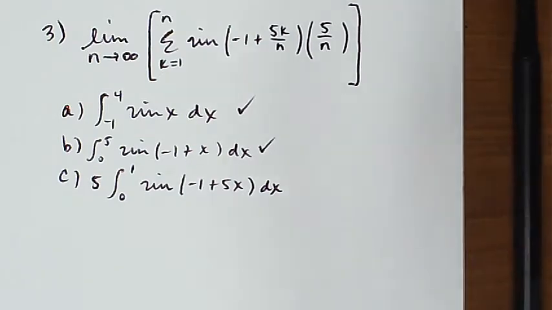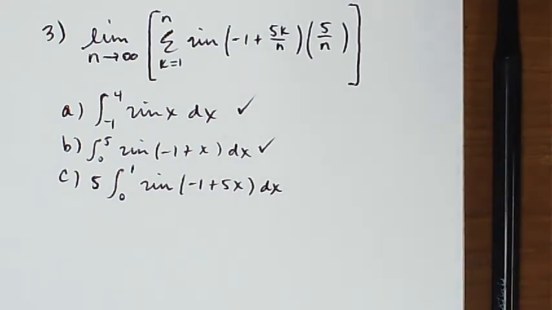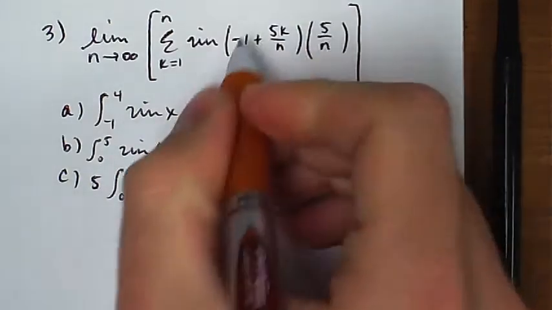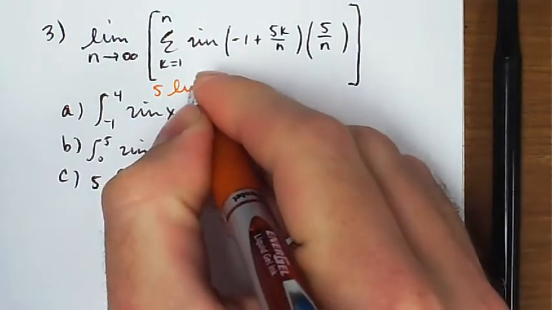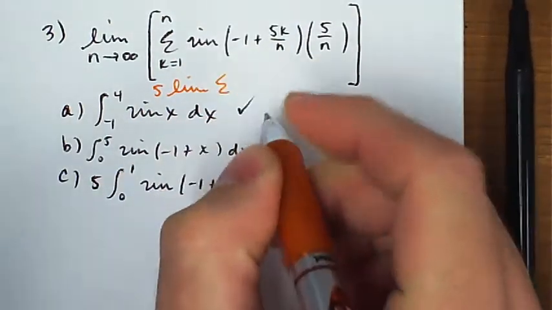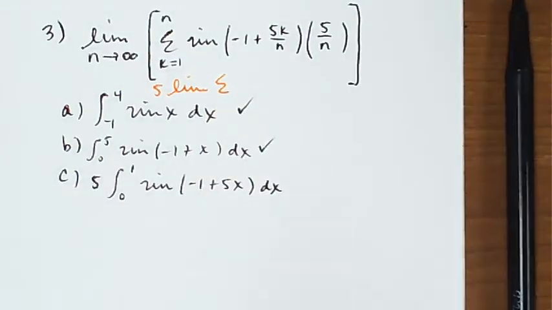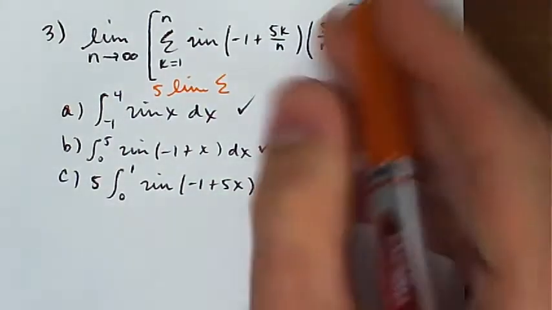hold on, maybe I'll just rewrite this in orange or something. How I could if I factored out this 5. 5 times the limit of the sum, and I hope you'll forgive my abuse of notation here.